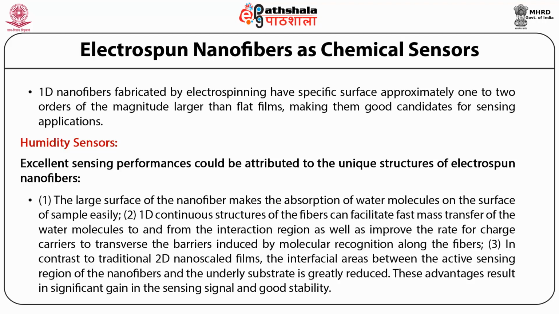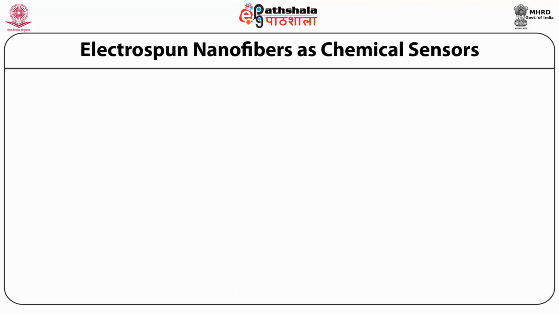Due to such fabulous properties of electrospun fiber, diverse ultra-sensitive humidity nanosensors have been developed based on electrospun nanofiber, including pristine metal oxide fibers, basic metal salt-doped metal oxide fibers, coupled metal oxide fibers, and conducting polymer fibers.